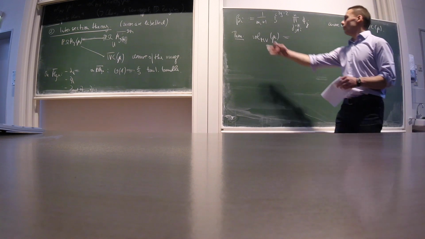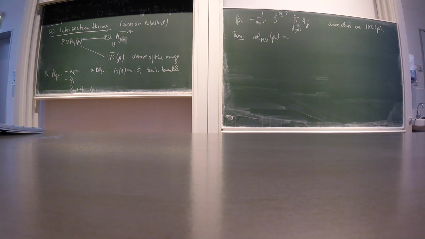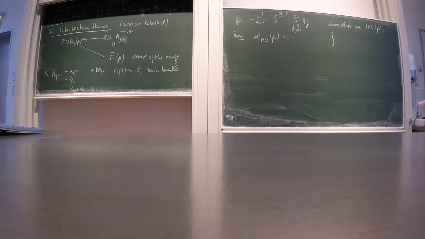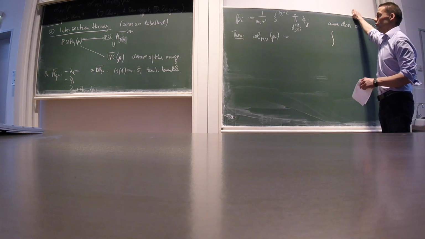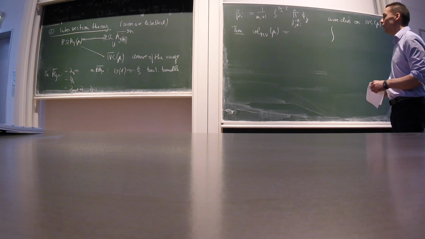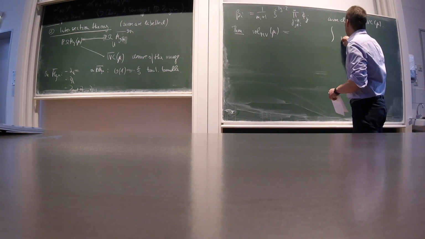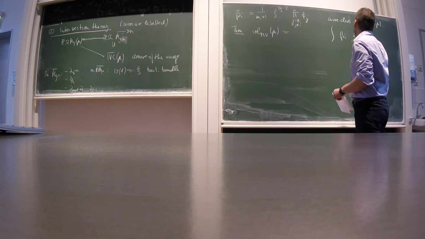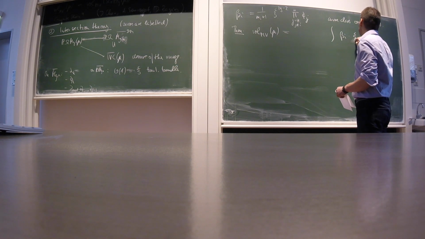Namely, the Masur-Veech volume can be given in two, not obviously the same, ways as an intersection number. On one hand, I intersect the beta I with just one more power of psi.